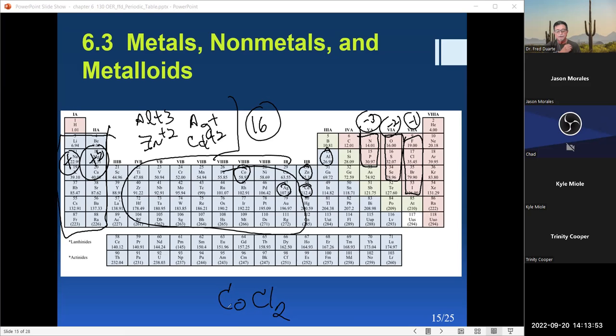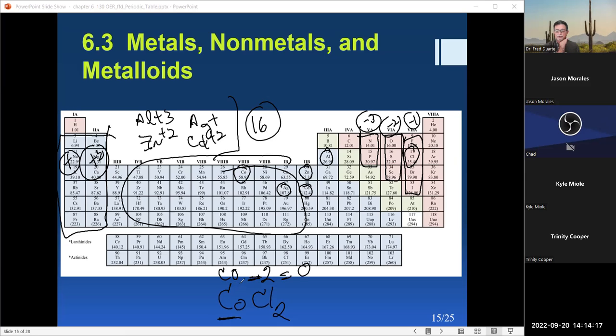So the structure you see is CoCl2. Now, I don't know what the charge is for the cation because it's variable, but I do know that the chloride always has a -1, and I know there's 2 of them. So that means that there's a total of -2 for the chloride.